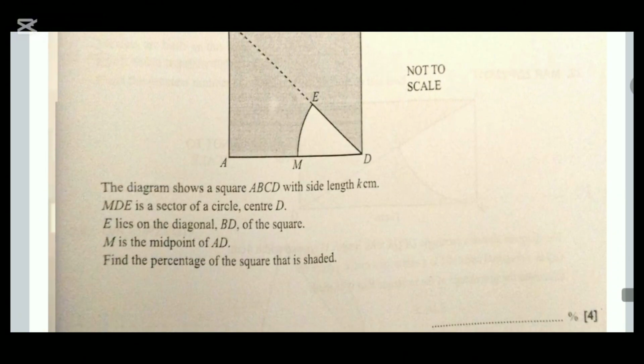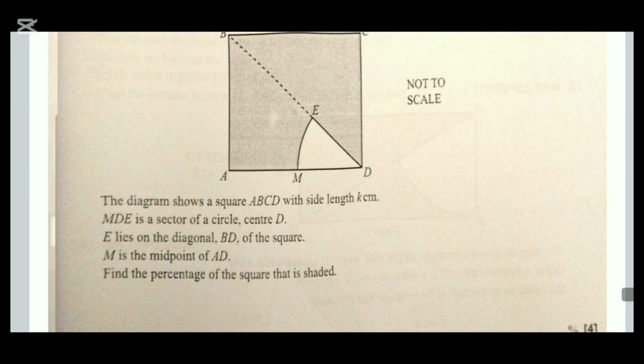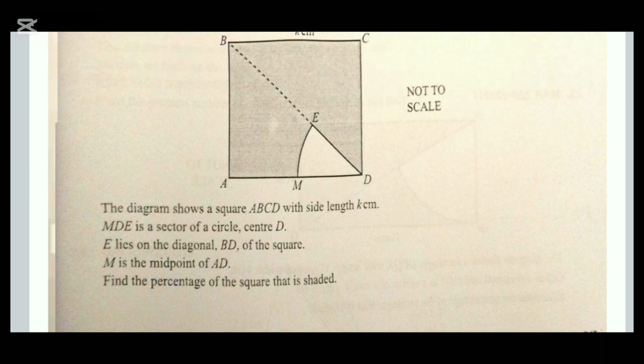Okay, next question. The diagram shows a square ABCD with side length k. MDE is a sector of a circle center D. M is the midpoint. Okay, so here what you have to do, what is the area of this square? Area of the square is k, because side length is k, this is k, this will also be k.